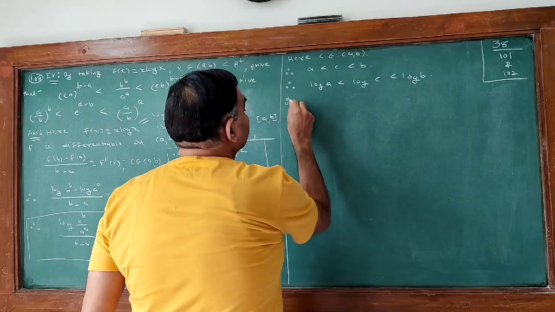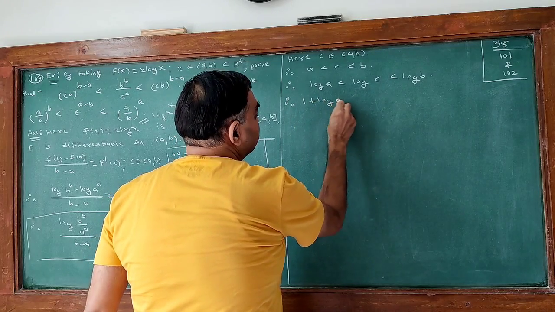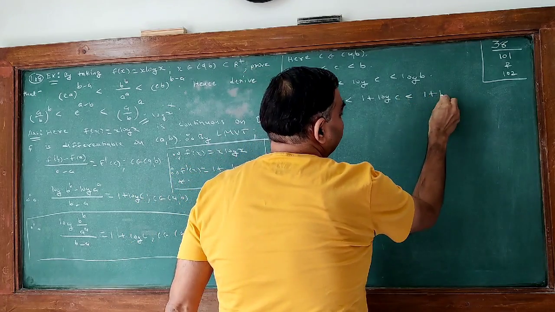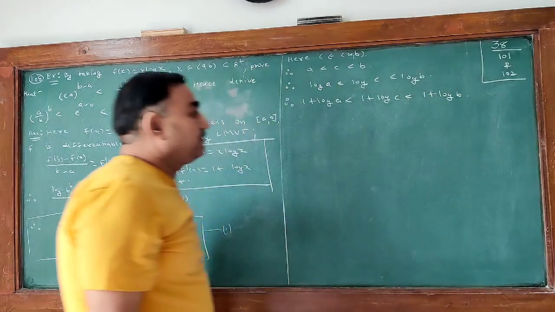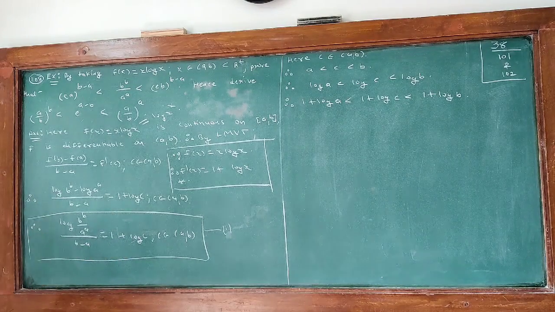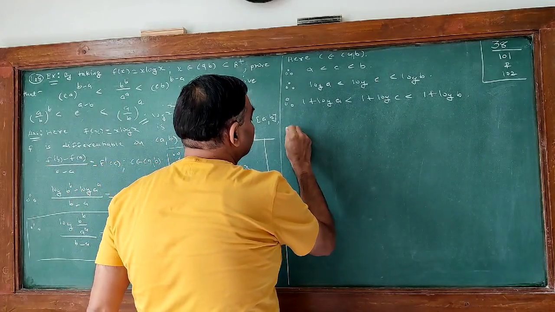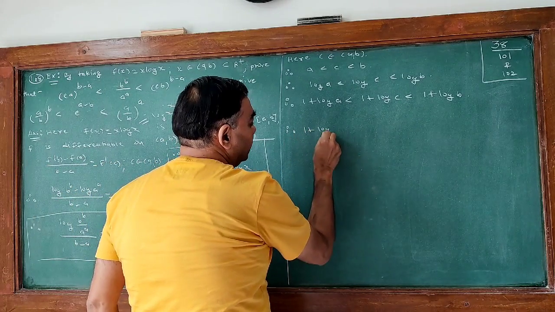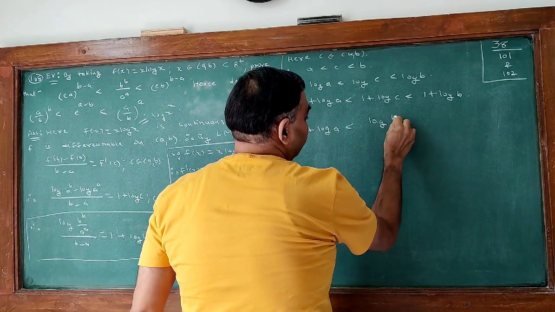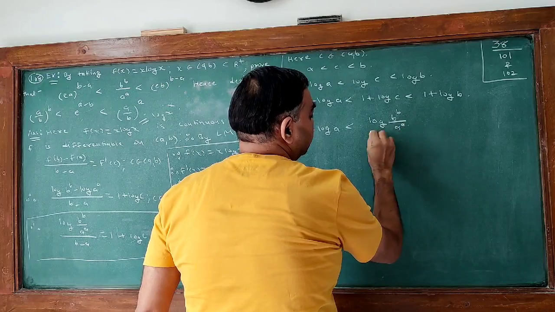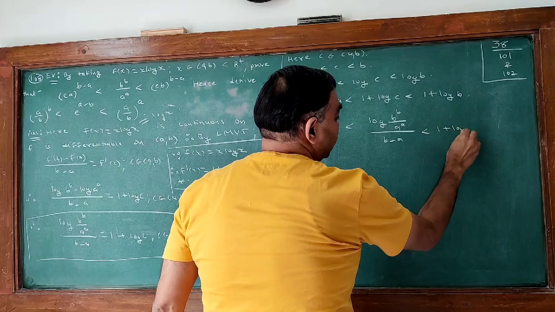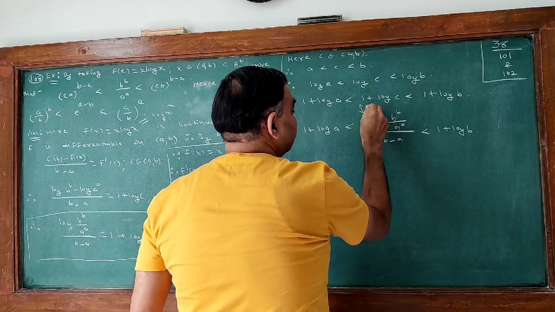Therefore 1 plus log A is less than 1 plus log C is less than 1 plus log B. Now we put the value of 1 plus log C from equation 1 in this equation, and therefore 1 plus log A is less than log B raised to B upon A raised to A upon B minus A less than 1 plus log B, and this is due to equation number 1.